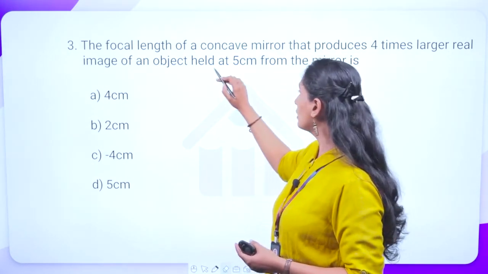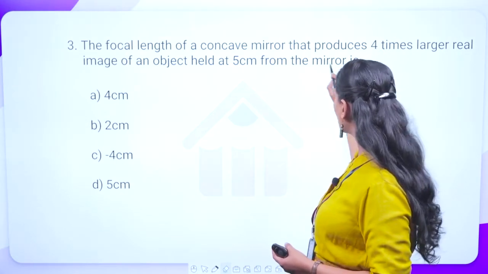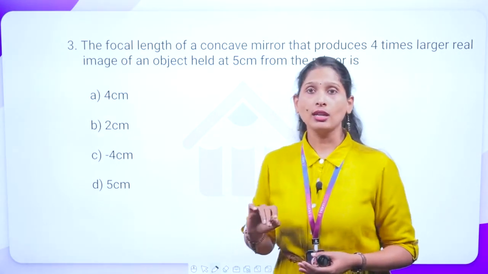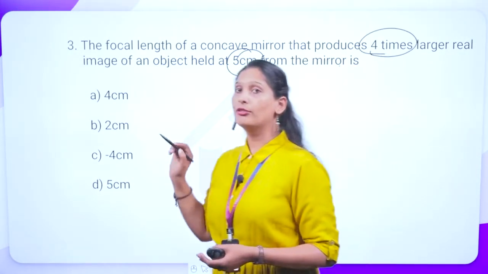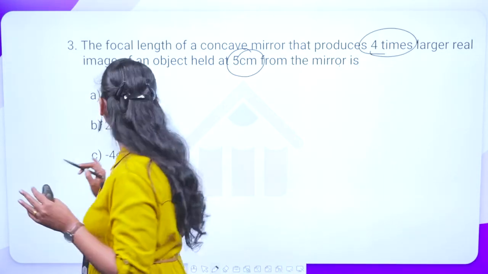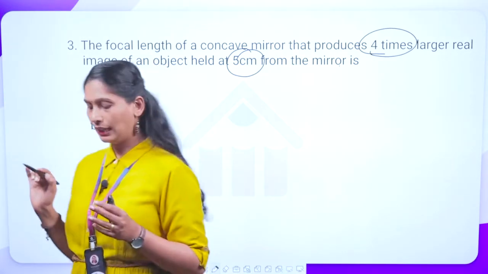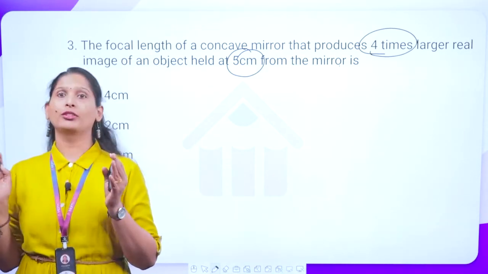Then the object is held at 5 centimeter from the mirror. So you have two values specified, or two clues given. From this, you have to find out the focal length of this concave mirror.